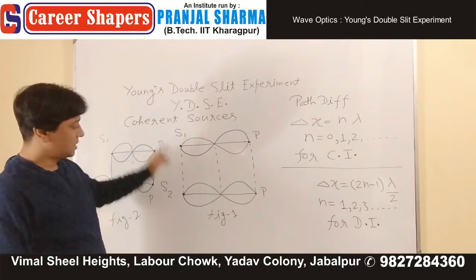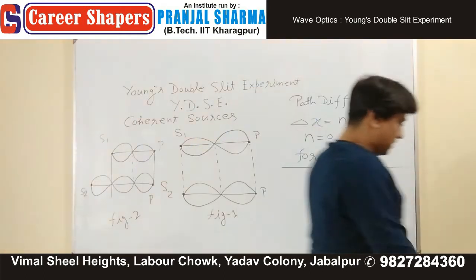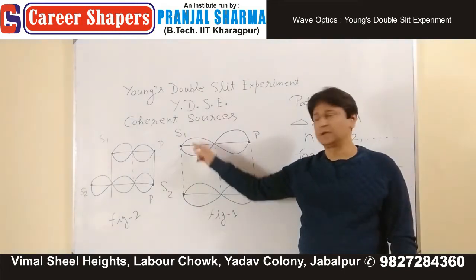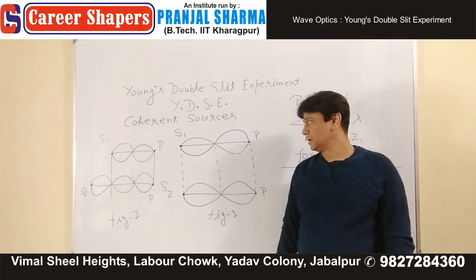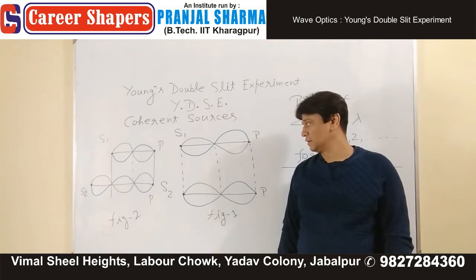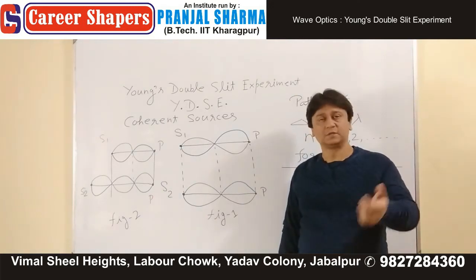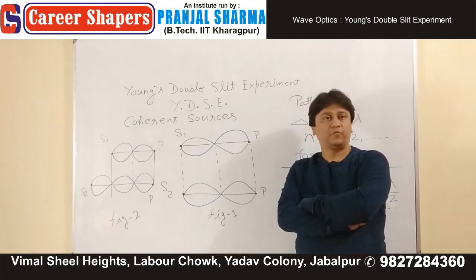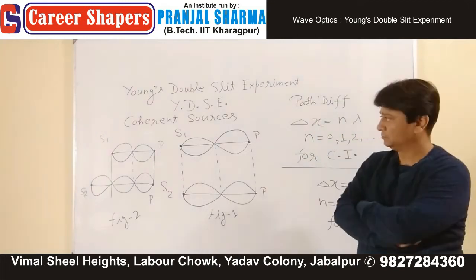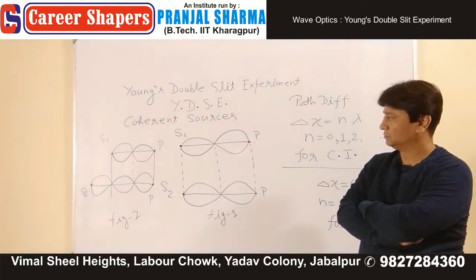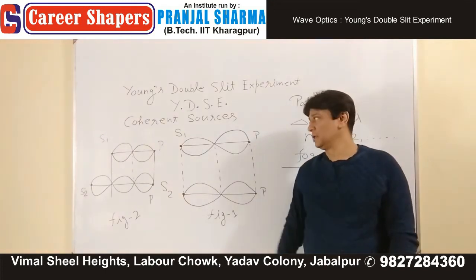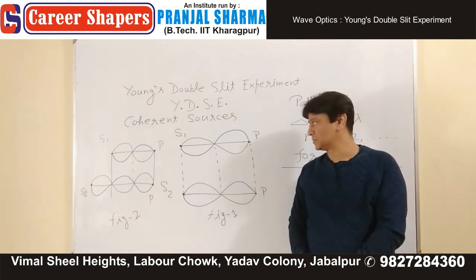If in figure 1, S1 sends black and S2 sends black, that is, phase difference between S1 and S2 is 0. At point P, constructive interference takes place.